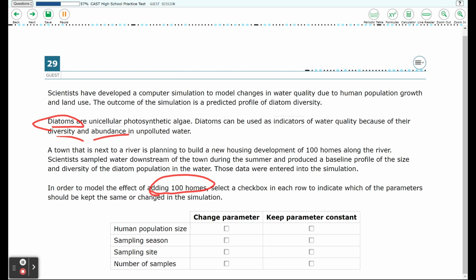So that one you're going to want to change. We're going to change it to 100 extra homes, however many people that represents. And we're going to want to keep the sampling size, sampling site, and the number of samples the same so that we know that any changes are caused by the 100 homes. All right, let's move on to question number 29.